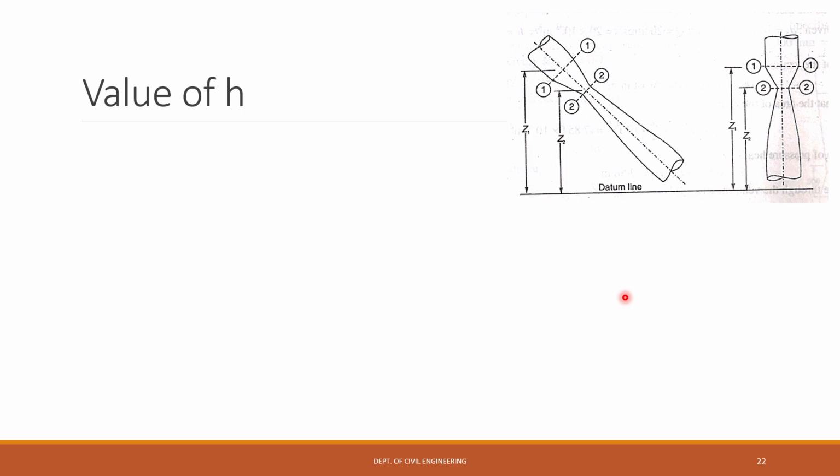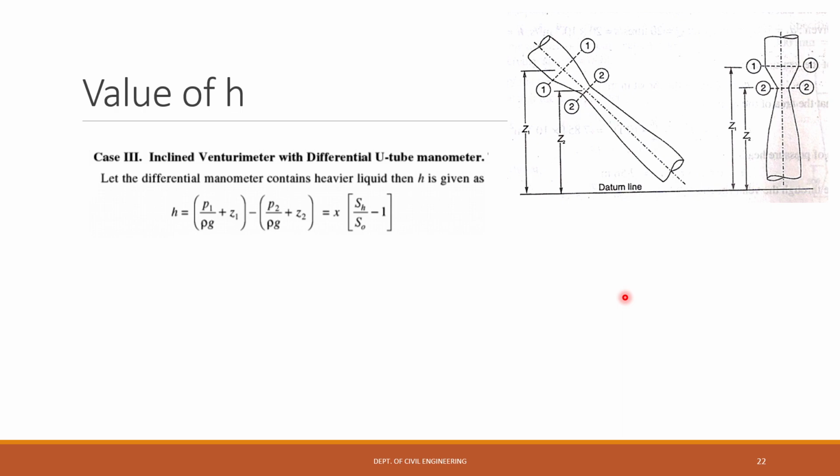So case 3. In case 3, the venturimeter will not be horizontal. It will be either inclined or vertical like this. In that case, if the manometer contains a heavier liquid, then H can be found using two formulas, just as in the previous case.